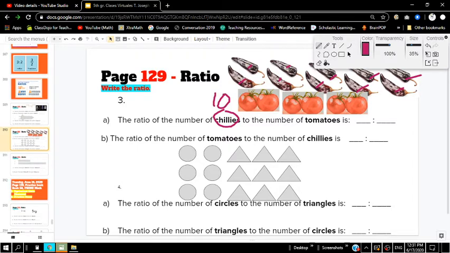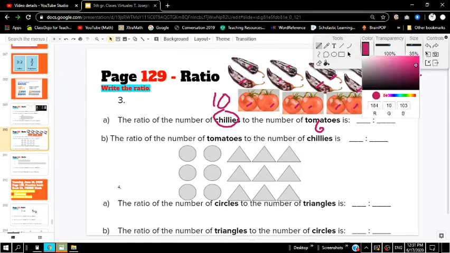And the number of tomatoes is 1, 2, 3, 4, 5, 6 tomatoes. If you just put 10 to 6 inside of this blank, it's going to cause a little bit of stir in the math world, because what we need to do is make this a simple ratio, okay?